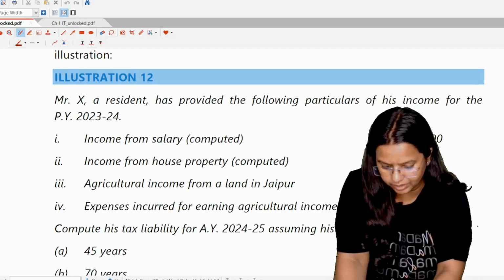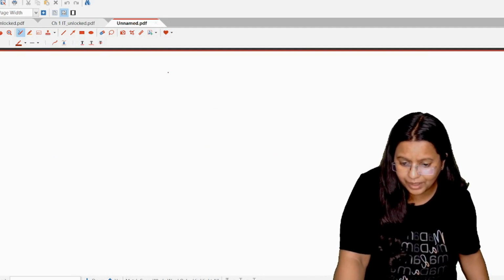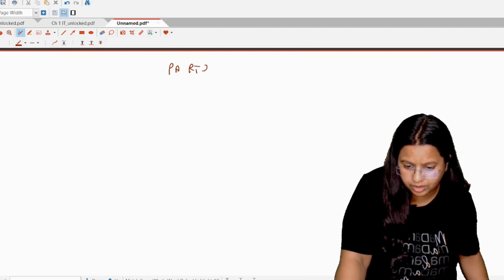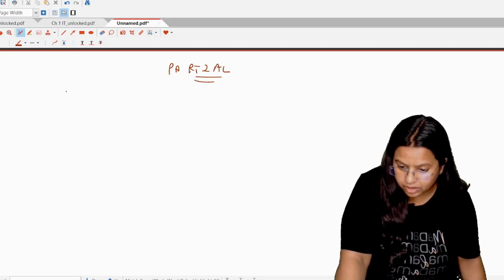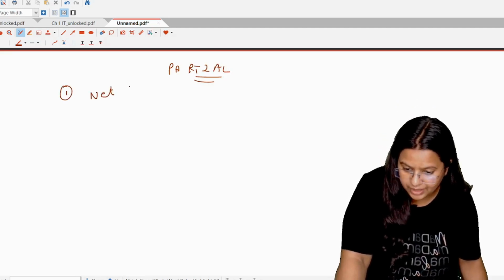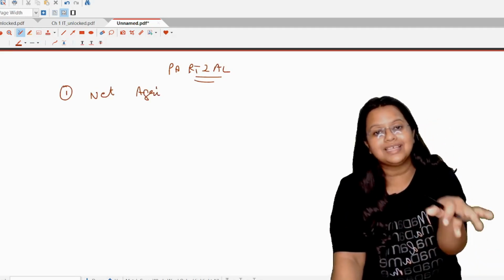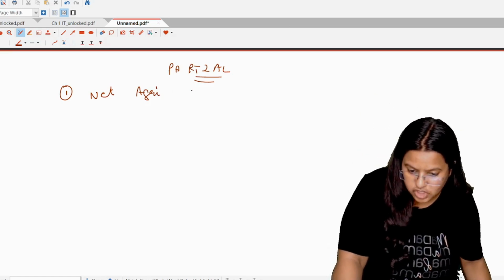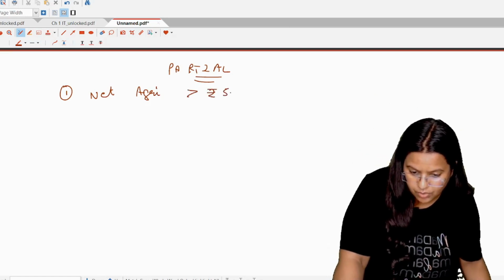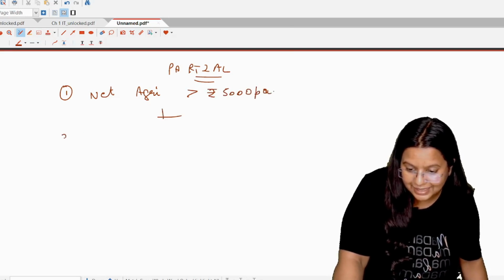Now let's come to this. First of all, students, I told you that when the partial integration method is followed, this method will be applied if the net agricultural income, meaning the gross agricultural income less all the expenses related to that agricultural income, is more than rupees 5,000 per annum, plus the second cumulative condition.